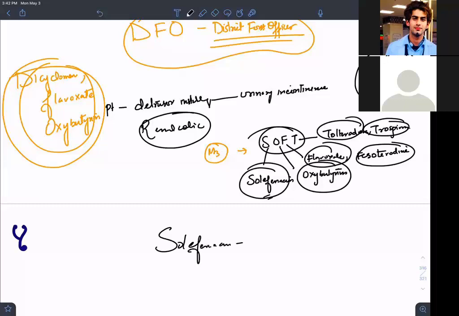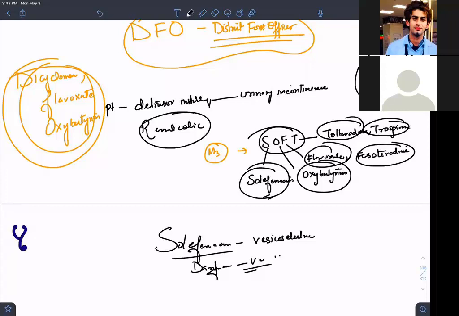Solifenacin selectively works on the bladder. Or even you can say darifenacin. They are vesicoselective.